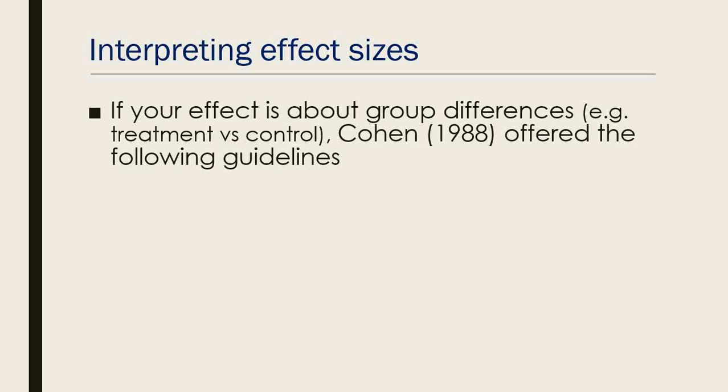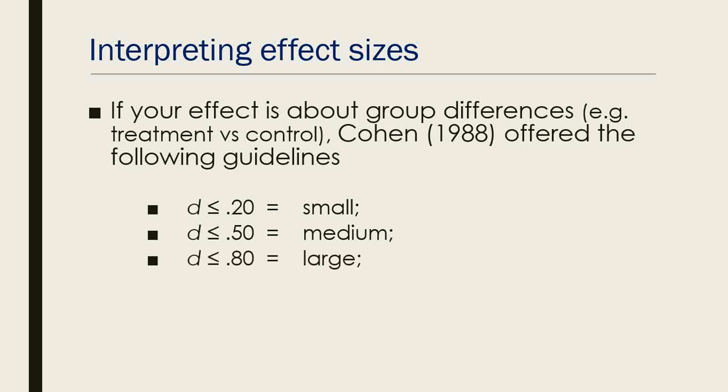Now, if your effect size is about group differences, for example, treatment versus control, then Cohen 1988 offered the following guidelines, which I'm sure you'll be familiar with. d of 0.2 is regarded as small. d of 0.5 is regarded as medium. d of 0.8 is regarded as large.